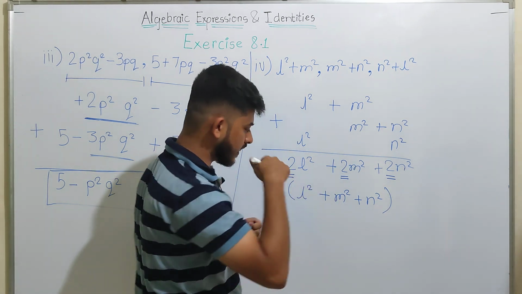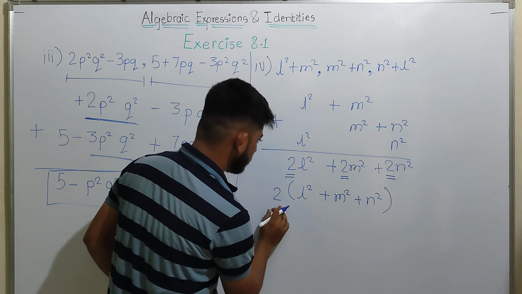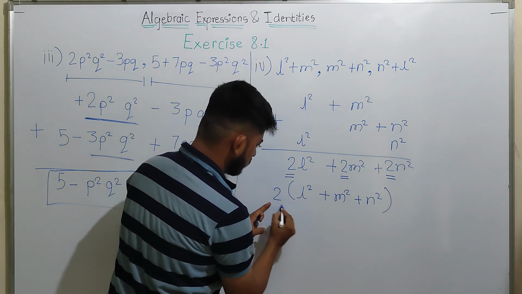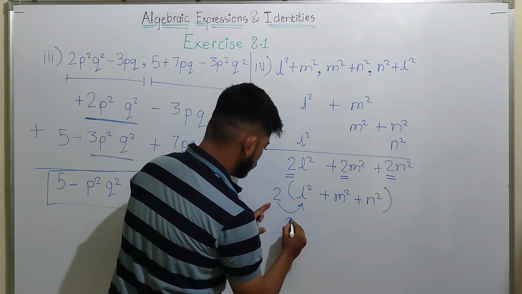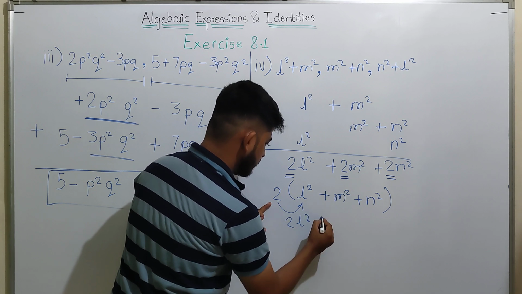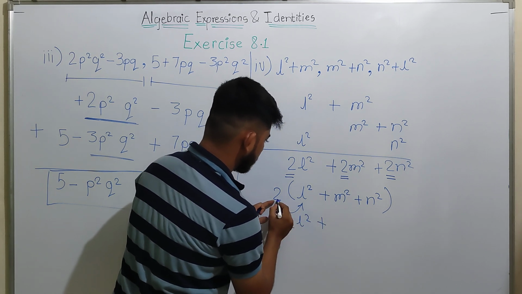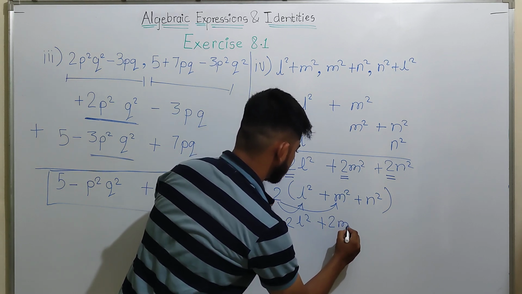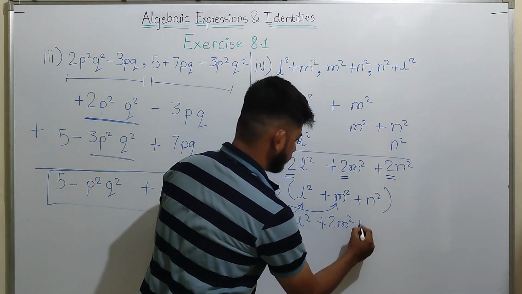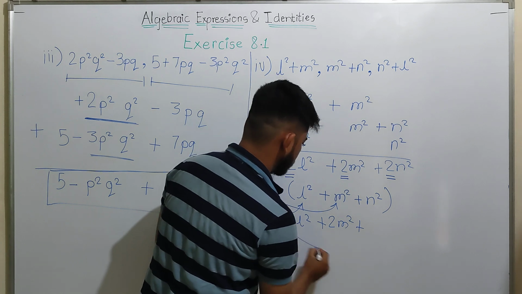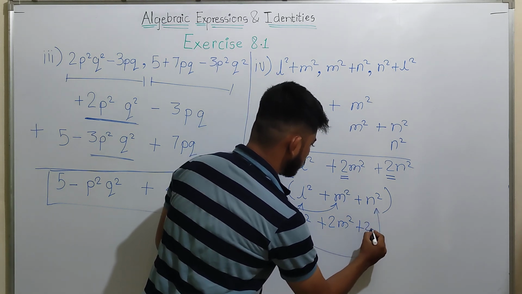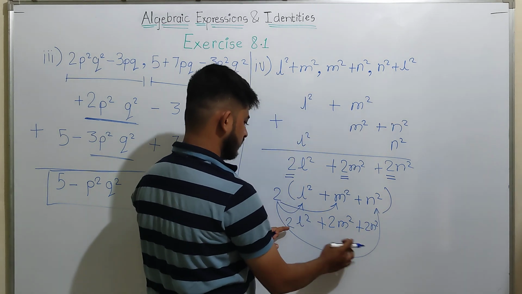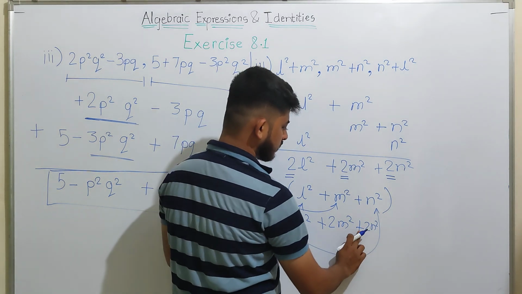For your better understanding, I'll write, see here, 2l square plus 2m square plus 2n square.